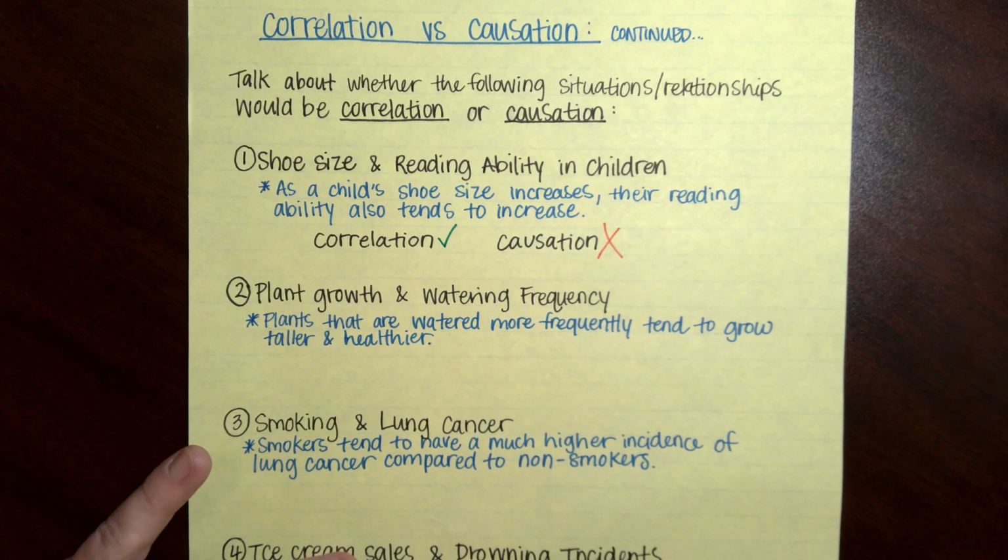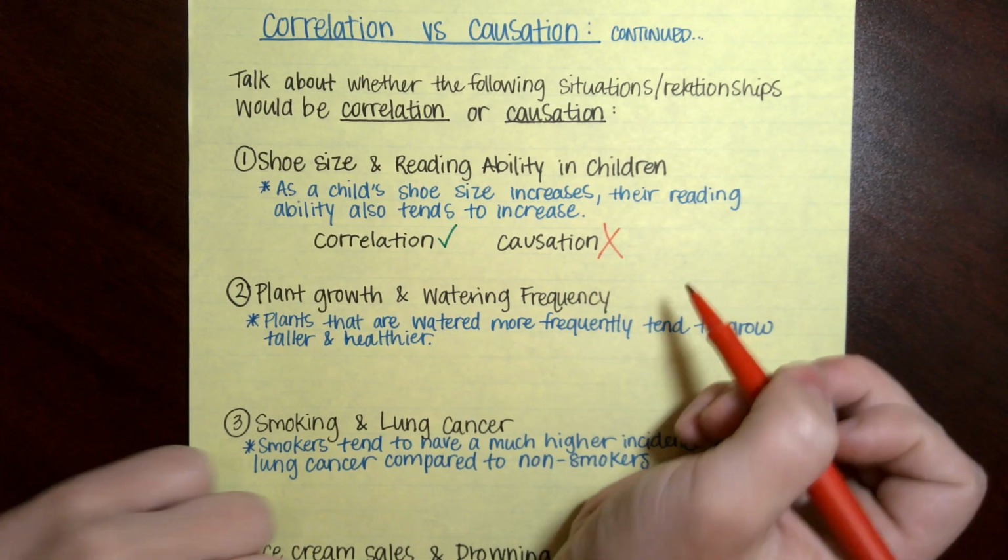And people usually have a big shoe size around college age. Yeah, probably. Sometimes it even decreases. Erica? For plant growth and watering frequency, there are other factors that are considered for plant growth, such as exposure to sunlight. Absolutely. There are other factors. That's what makes it a gray area.